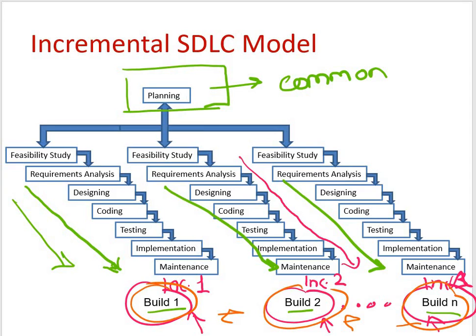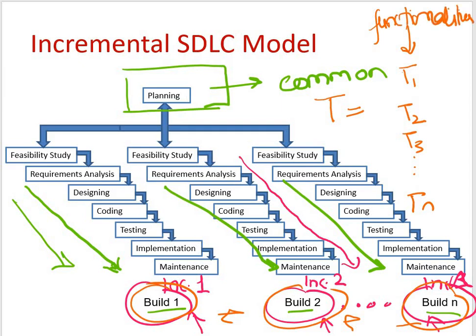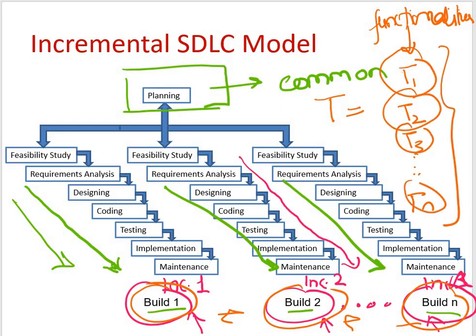So what we have done is a major task T has been divided into small tasks, T1, T2, T3 up to Tn. And these tasks comprise some or the other functionalities of my application. So initially I come up with T1, then T2, then T3, and so on, and this is the final product.